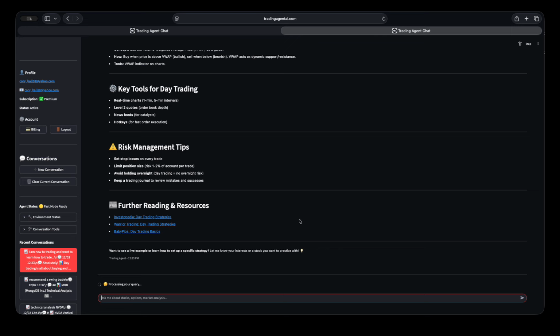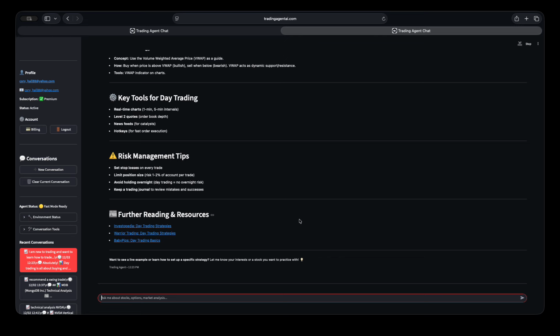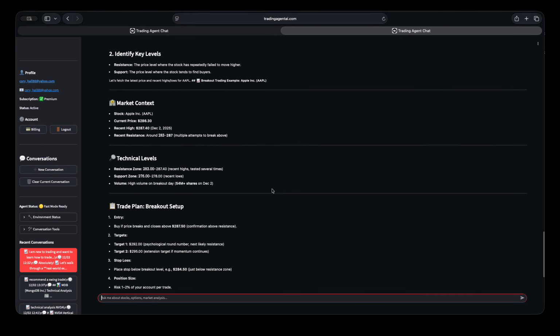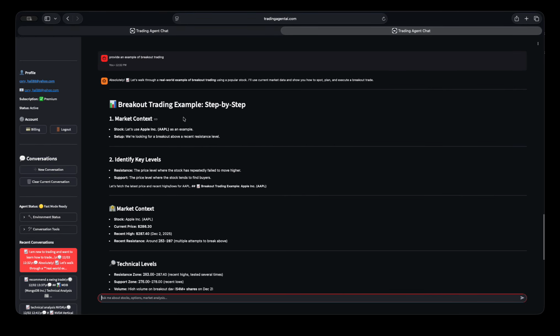Let's dig a little bit deeper into breakout trading, because that's a pretty common one. So here's a breakout trading example, step by step, and again, it's showing you the power of the agent and how it's able to help you understand these trading setups and make this a lot easier for you.